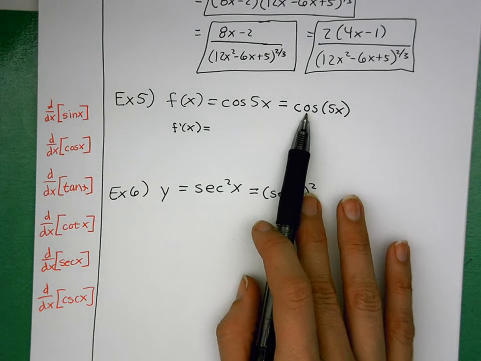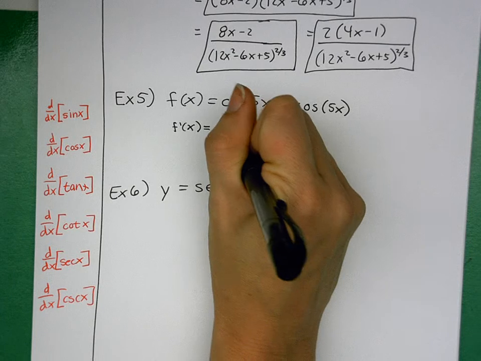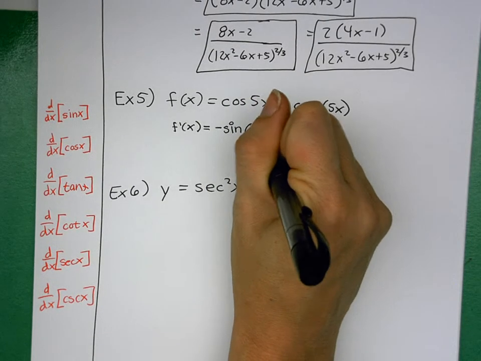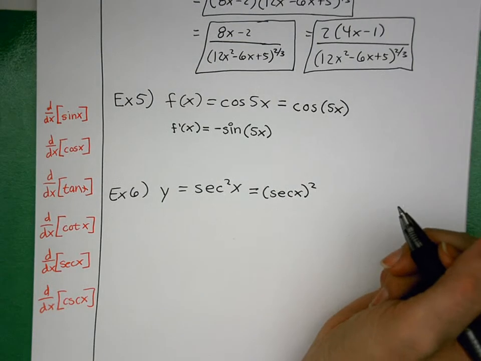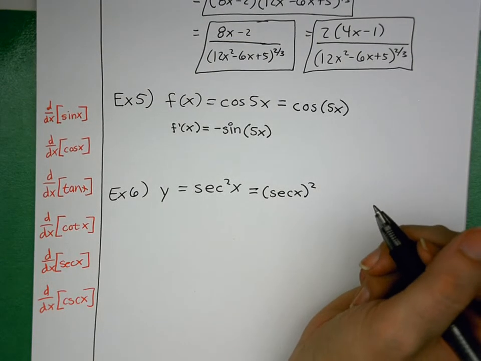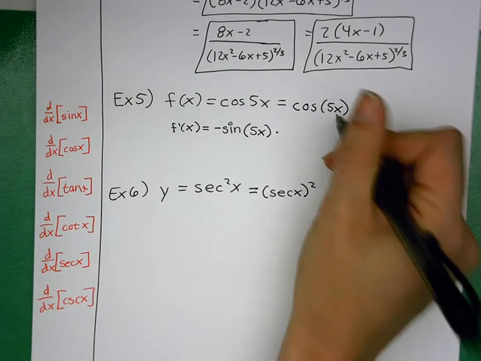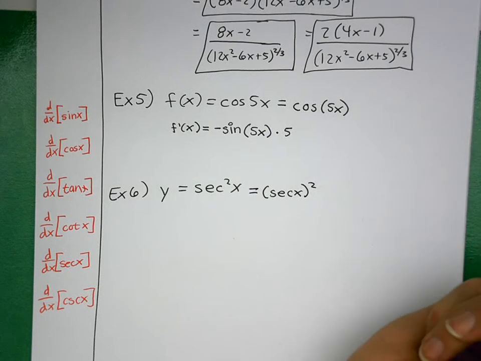The derivative of cosine is negative sine, but not negative sine x, negative sine 5x. Remember, the g of x has to stay g of x. You can't change it. After that, we take the derivative of our g of x. G of x is 5x in this case, so its derivative would be 5. And that's your answer.